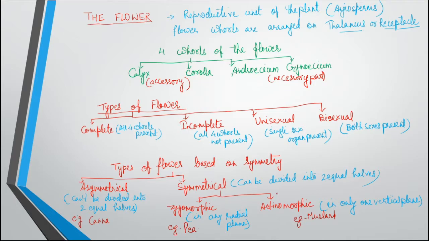In symmetrical, the flower can be divided into two equal halves, but depending upon how they are divided, there are two types of symmetrical flowers, zygomorphic as well as actinomorphic. In actinomorphic, the flower can be divided into two equal halves from any radial plane, for example in mustard. But in zygomorphic, the flower can be divided into two equal parts, but only in one plane, for example in pea.